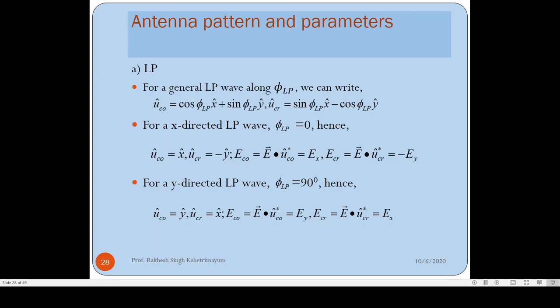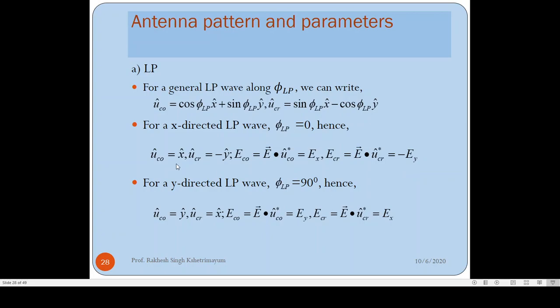If you want to get the component of the electric field along the co direction, just do the dot product with u co, and for the cross component you do the dot product with the cross component. In this particular case, E co will simply become Ex, E cross will become minus Ey.